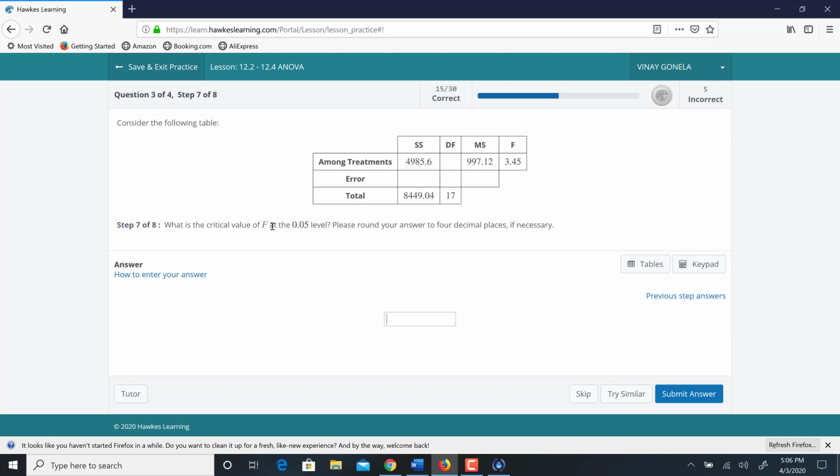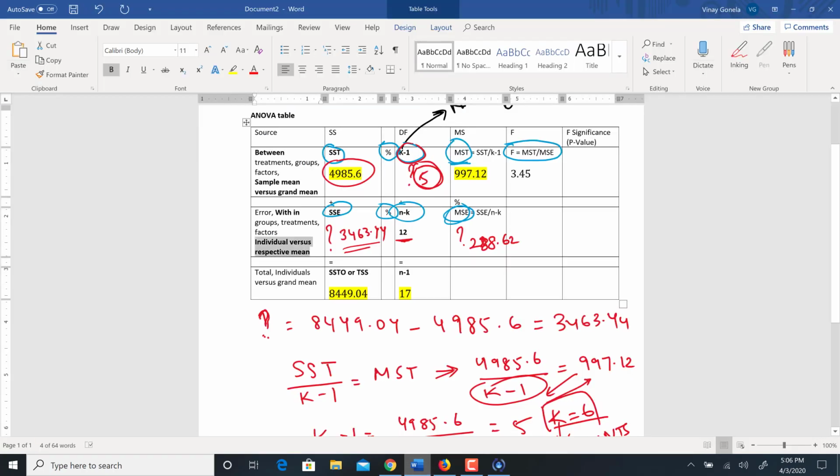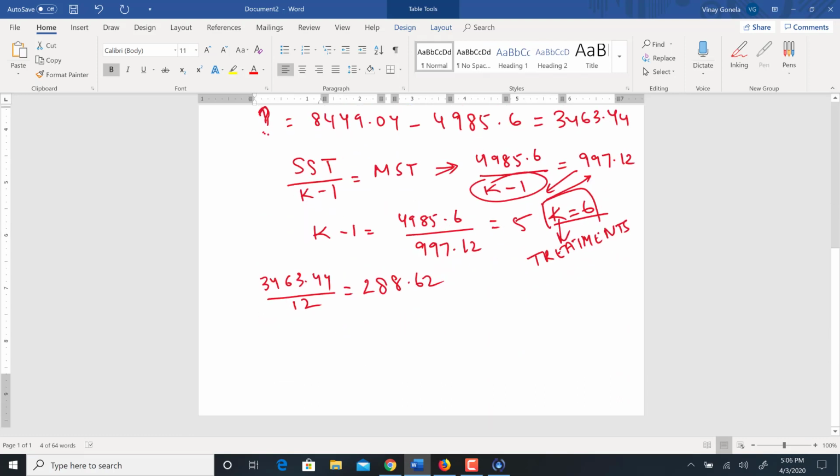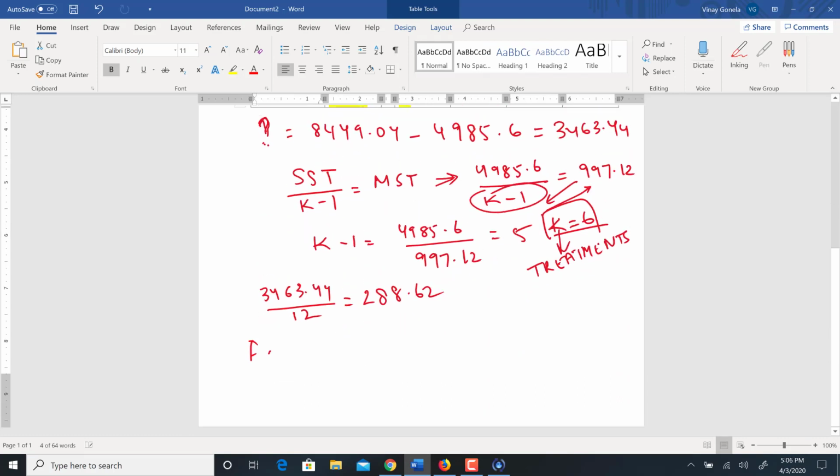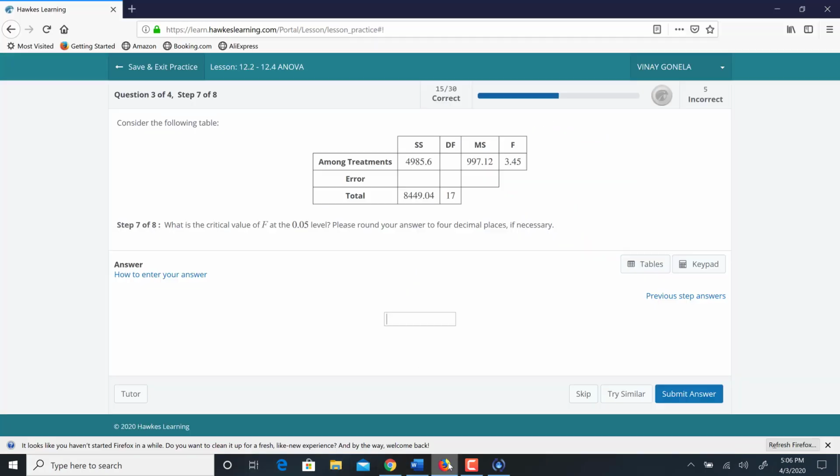So this is the critical value of f at 0.05. As I discussed previously in this lecture, the formula would be f alpha with degree of freedom 1 and degree of freedom 2, and they gave us f at 0.05. That is what the question is asking you. So alpha is 0.05.